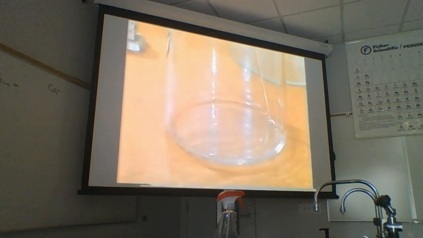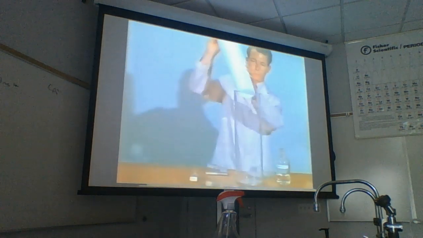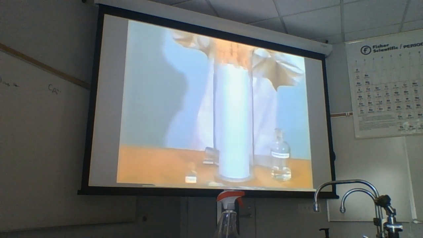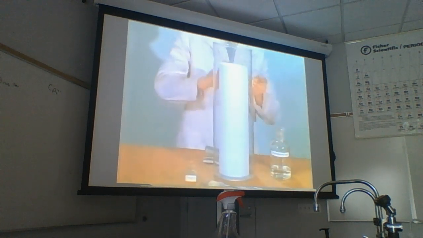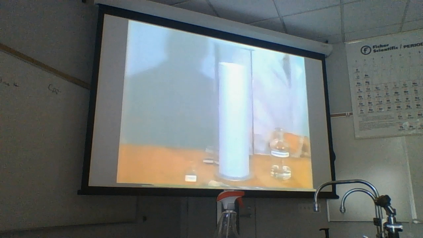This is placed at the bottom of a glass cylinder. The solvent is drawn up the filter paper by capillary action. After 12 hours, the solvent front has risen this far.